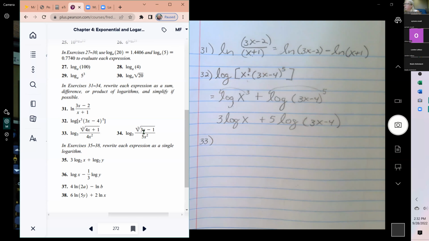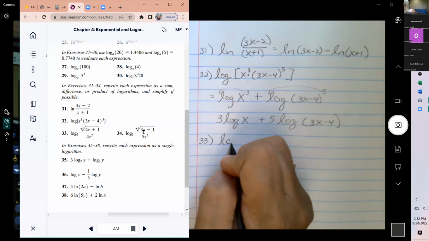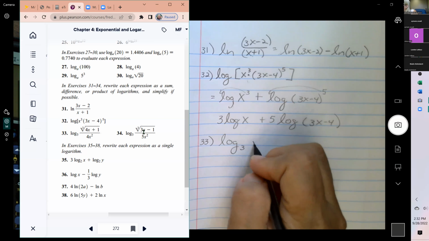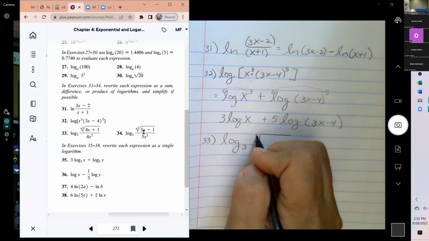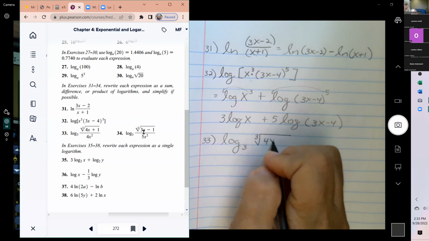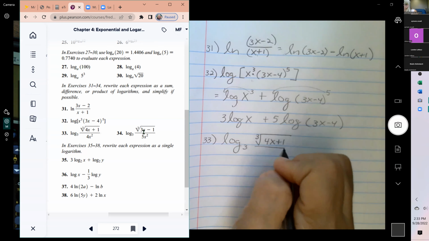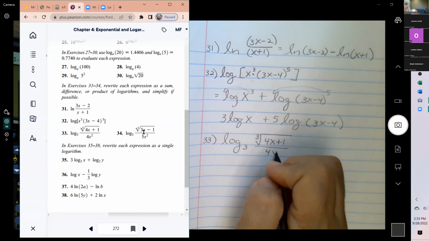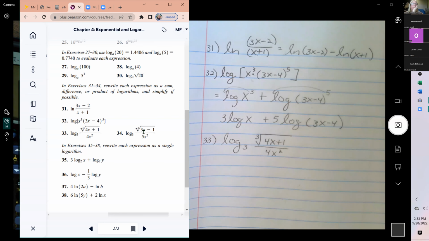33. Log base 3 of the cubed root of 4x plus 1 over 4x squared. I usually, if there's radicals, get rid of the radicals first.